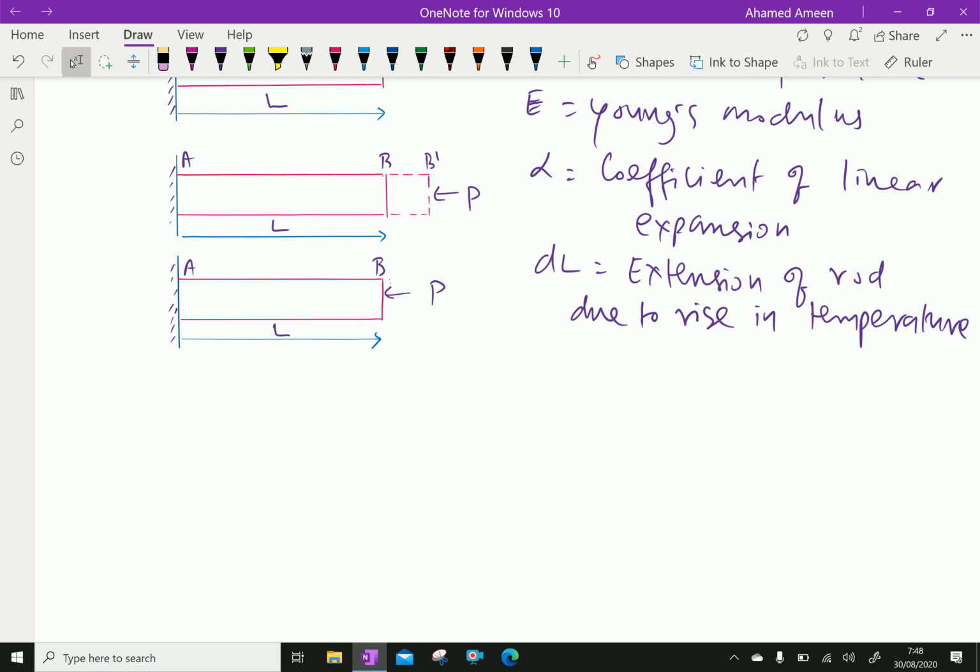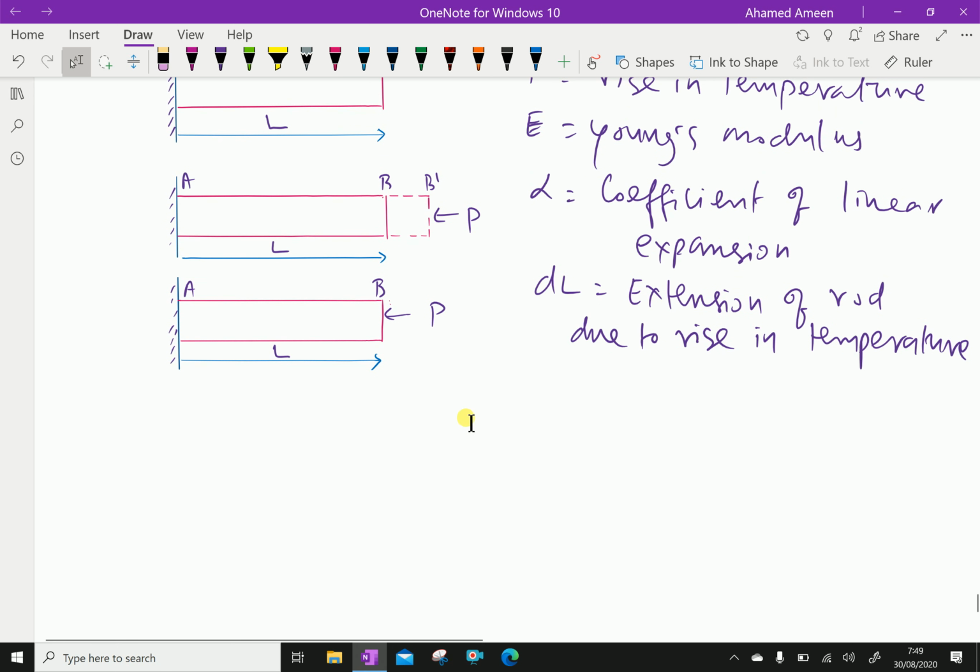If the rod is free to expand, then the extension of the rod is given by the following. Suppose the rod is free to expand due to increase in temperature. Therefore, you can write dl equal alpha into T into L. That means coefficient of thermal expansion multiplied by temperature change and the original length of the rod.